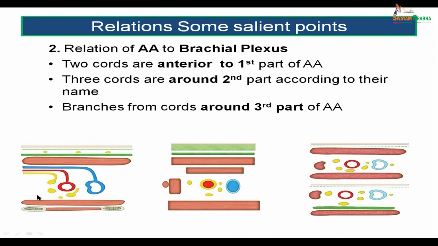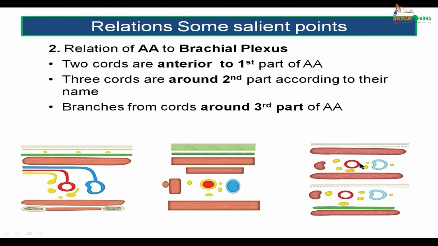In the first part, the axillary artery is related to two cords of brachial plexus which are lying anterior to the first part. In the second part, the three cords are around the second part of the axillary artery according to their names, meaning the medial cord is lying medially, the posterior cord posteriorly and the lateral cord laterally.